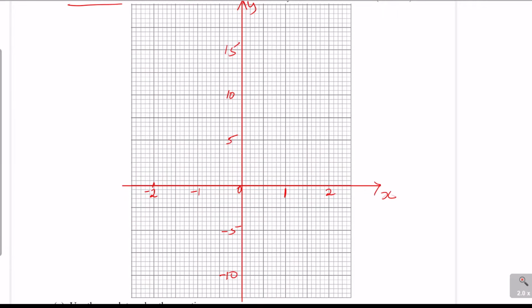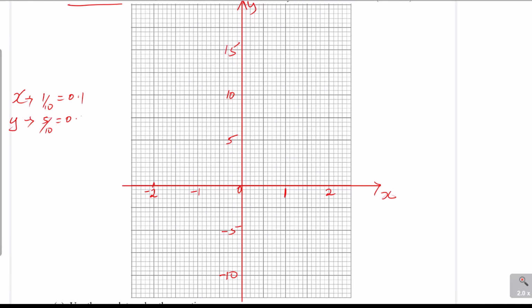Before we proceed, note the size of one small square. For the x-axis, one small square, you simply take 1 divided by 10, so that is 0.1. For the y-axis, one small square, you can see the 5 units, 2 centimeters, that is 5 divided by 10.